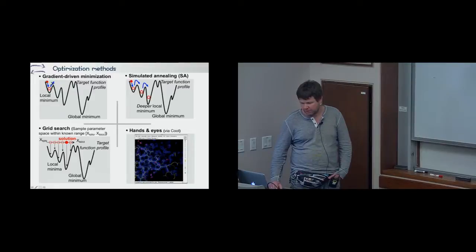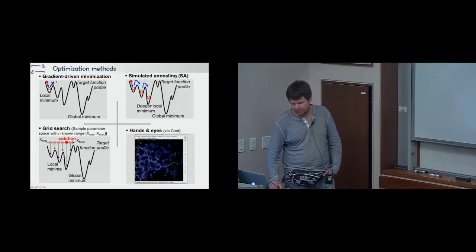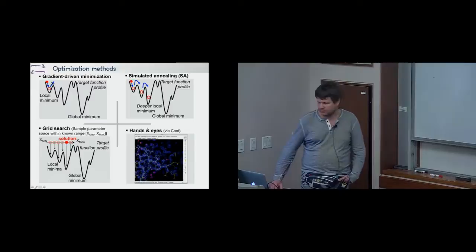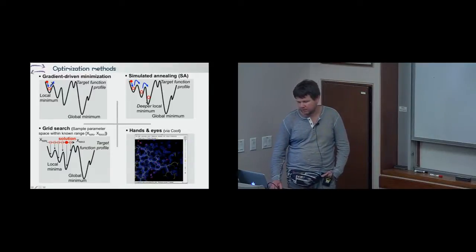So if you are here, chances are you end up here, and you'll never get across the energy barrier. So there are tools like simulated annealing, where you heat the structure and then relax and cool. That allows your structure to jump over minima and eventually end up in a deeper minimum.